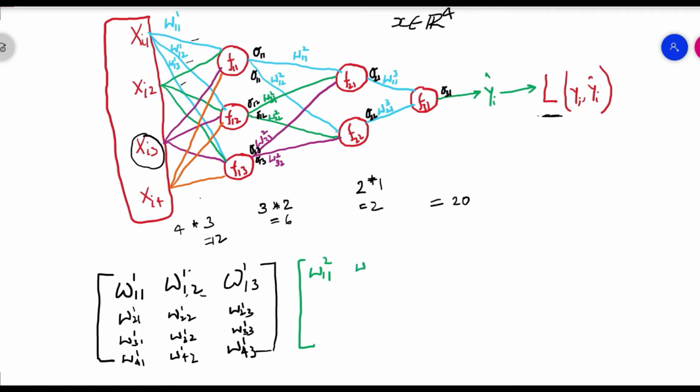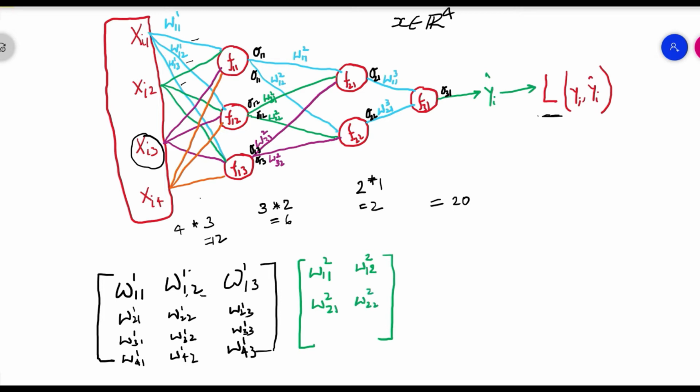And then we also have the weight of the edge going as input to hidden layer 2 from the first activation function of hidden layer 1 to the second activation function of hidden layer 2. And because we have 3 activation functions here, similarly the next set of weights will be W221. This weight represents the edge going as input to the second hidden layer from the second activation function of the first hidden layer to the first activation function of the second hidden layer, and its pair will be W222.